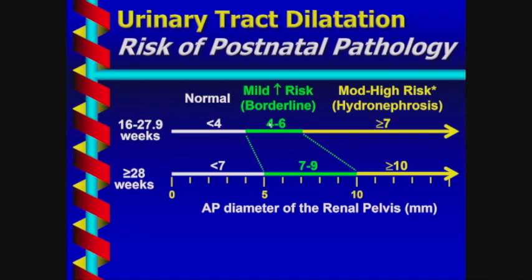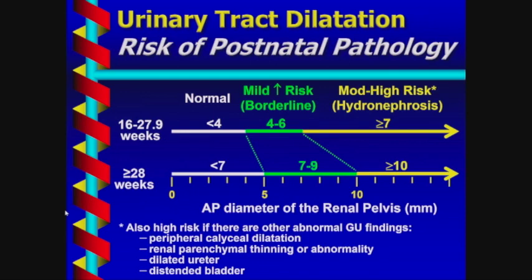Between 16 and 28 weeks, anything between 4 and 6 millimeters is borderline, showing a mild increased risk of postnatal pathology. 7 to 9 millimeters is borderline. After 28 weeks, anything above those indicates a moderate to high risk of postnatal pathology, and below those is normal.